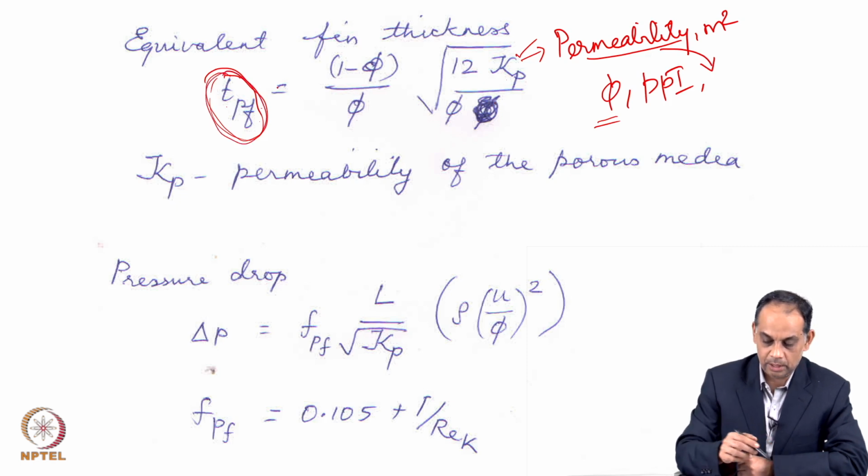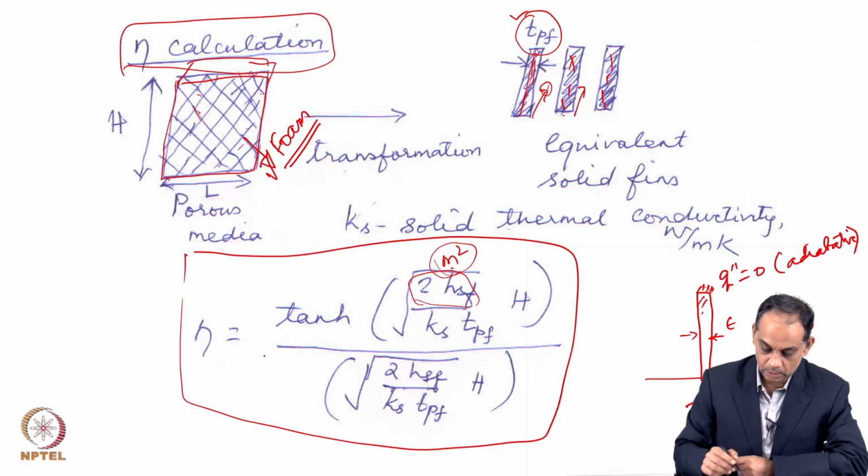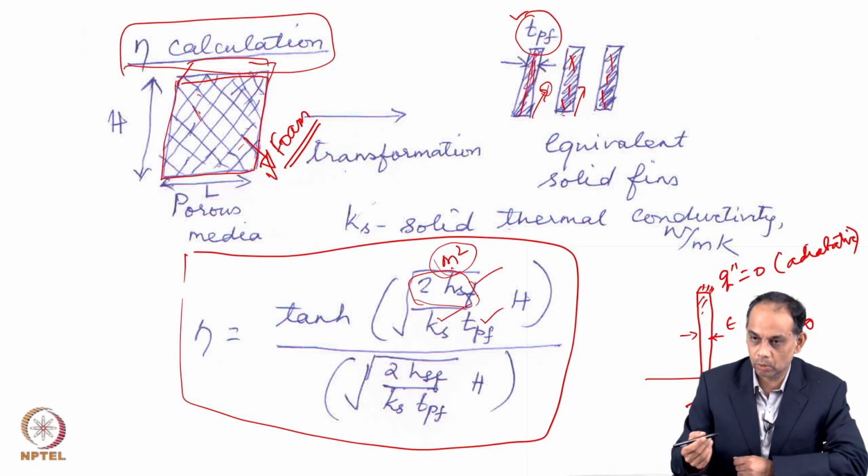This thickness is now sufficient to calculate our efficiency, because we know the interstitial heat transfer coefficient. We need to know the solid thermal conductivity, because we know whether it is aluminum foam or copper foam and what type of foaming process is used.